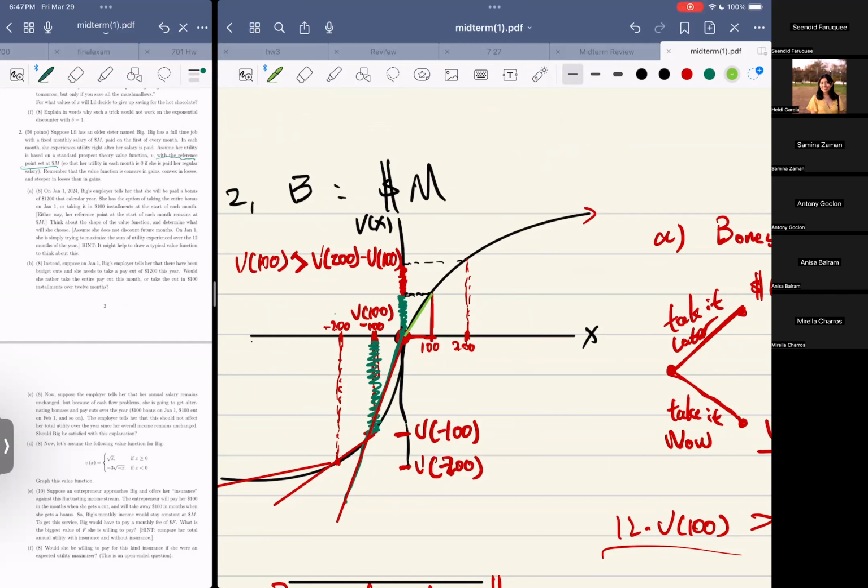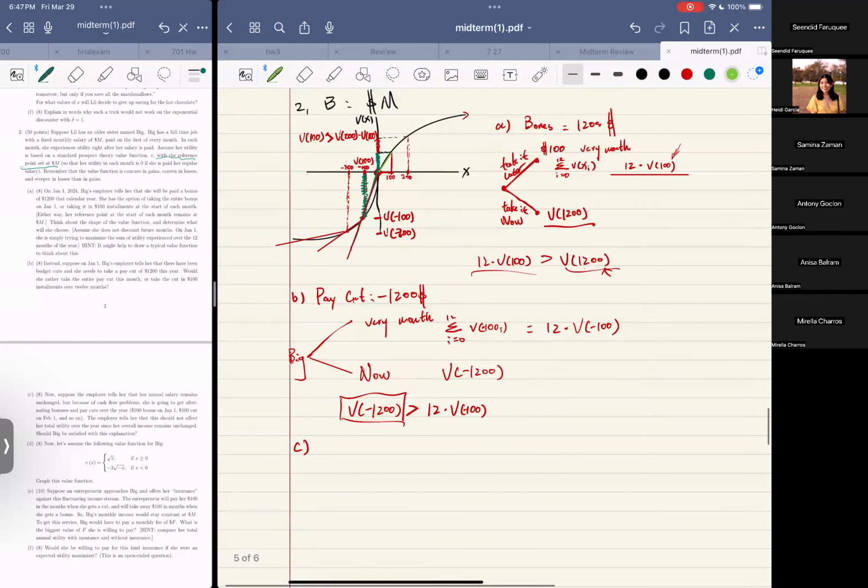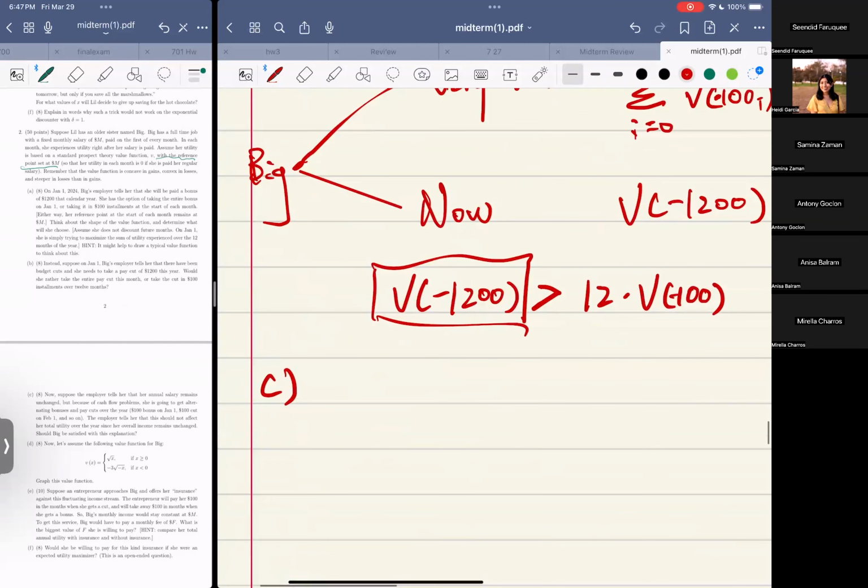There's a steeper curve in losing money than gaining. So if you're doing the alternating method, let's say you start with a $100 bonus, so V of 100 plus V of negative 100.